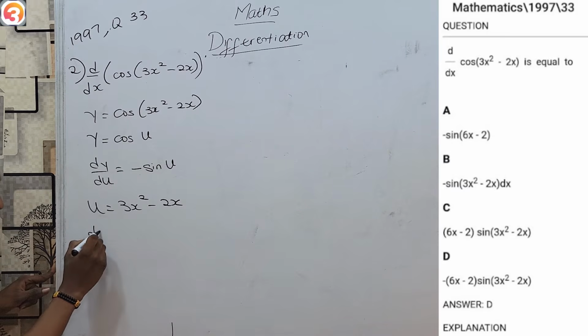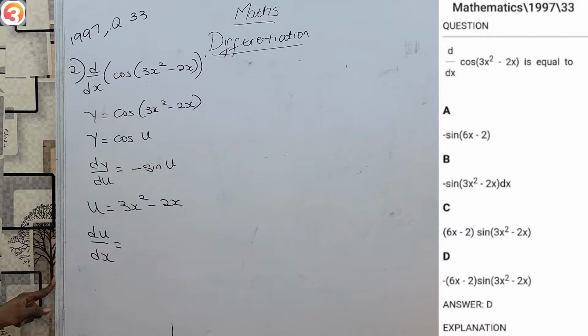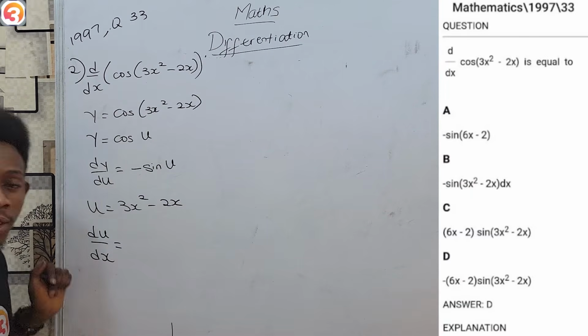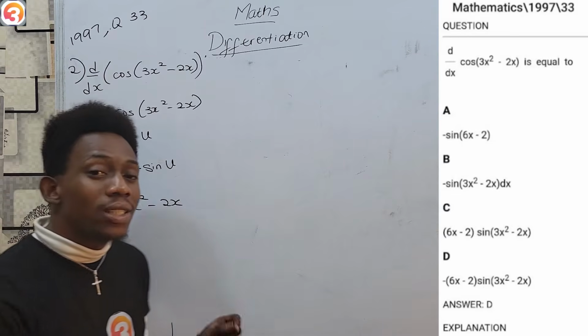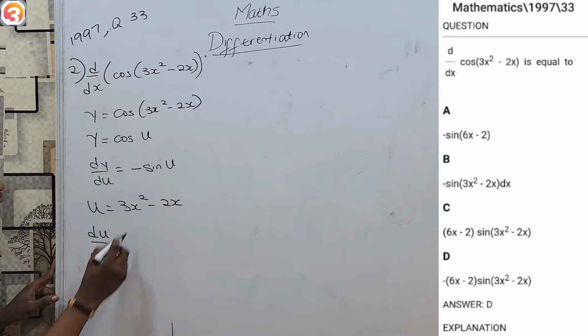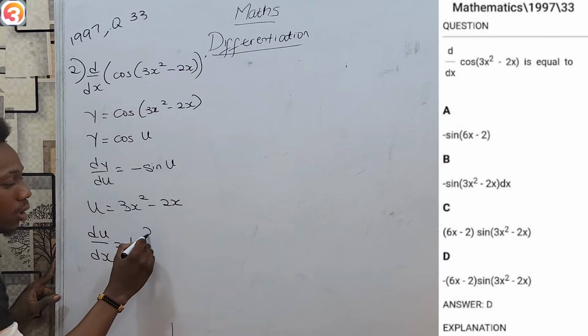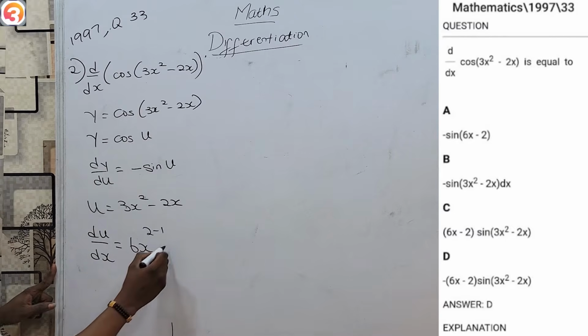Let's then find the derivative of u with respect to x. du/dx would be, since they are subtracting, that means it's chain rule, and in chain rule I simply differentiate each element individually. So let's see what happens here. 3 times 2 is 6. x appears, and 2 subtract 1 is 1.